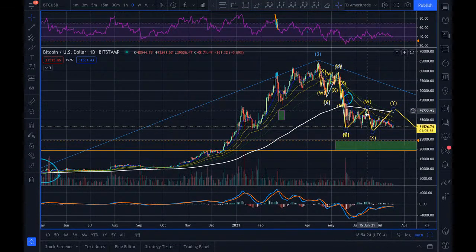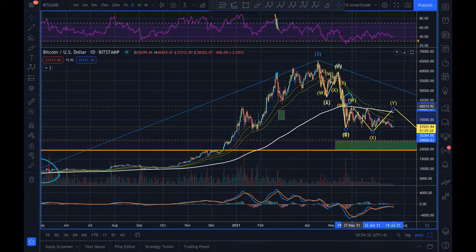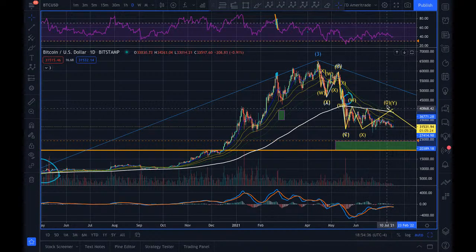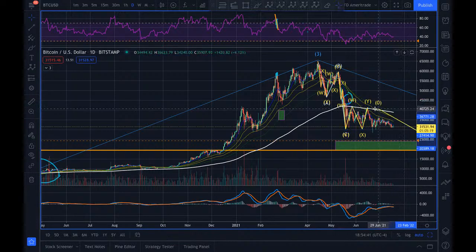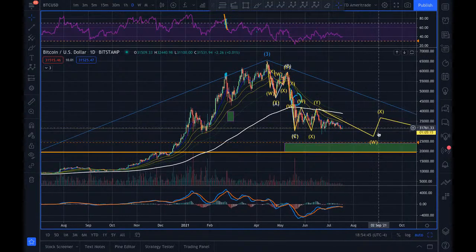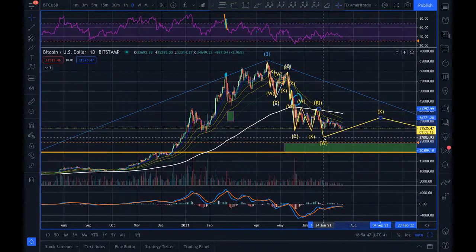And then we're in the middle of a sideways action. So then I think this is probably done. That was probably it right here. And then this one probably started up there and is probably doing something like this.